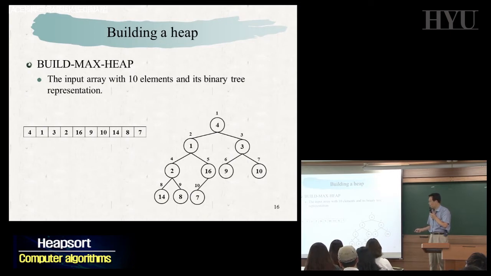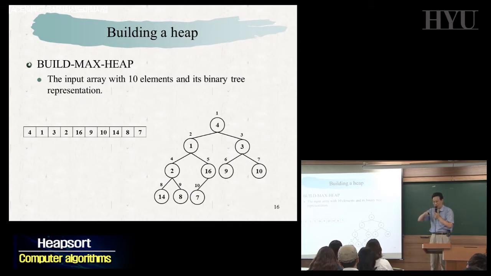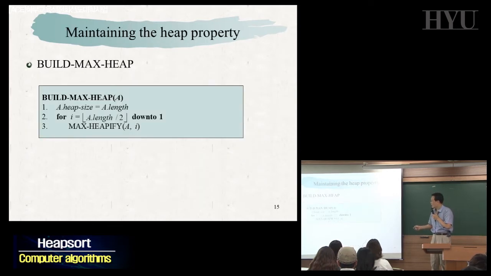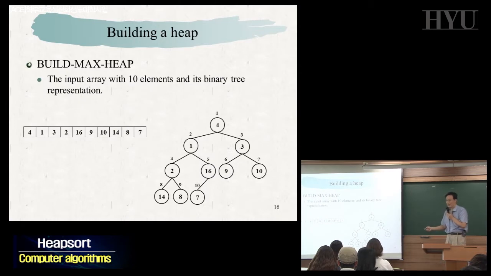And it is calculated by 10 divided by 2. And because it's even, we don't have to take the floor. So it's 5. We start from here. Let me explain why this is computed later.